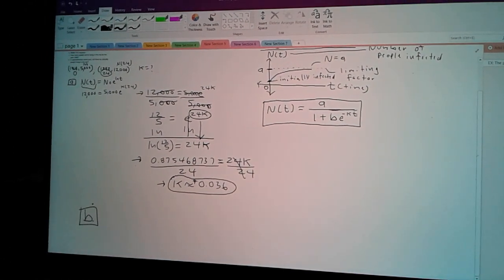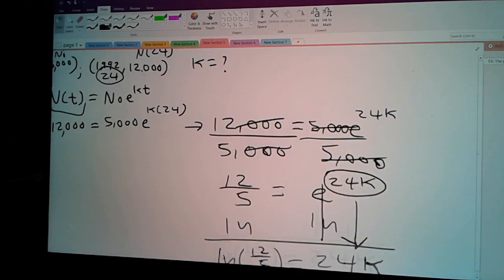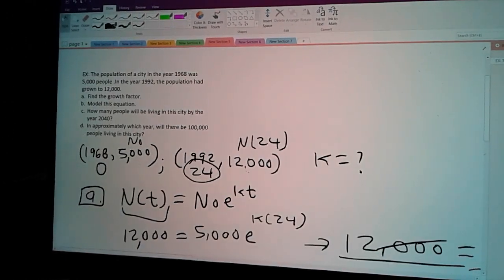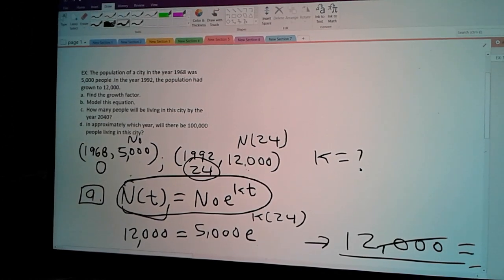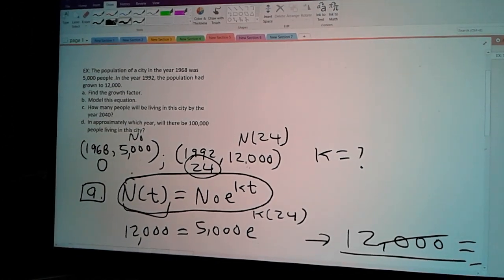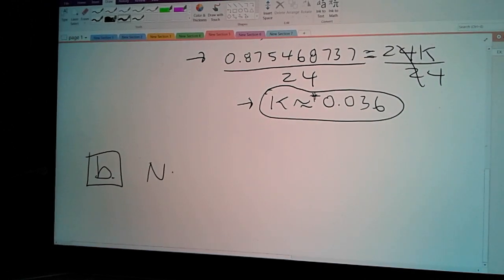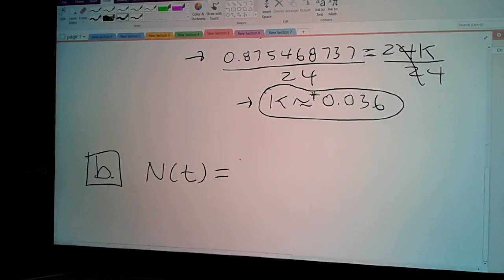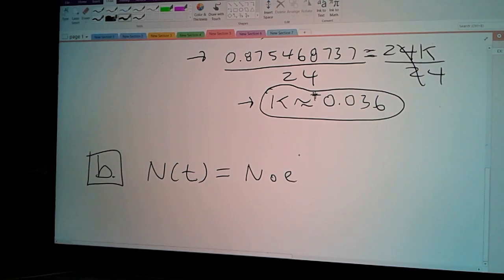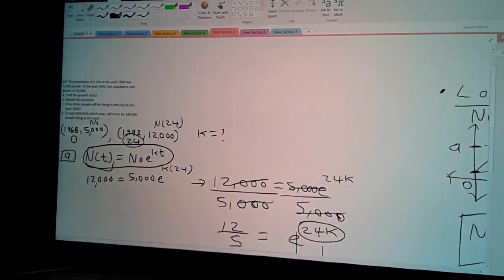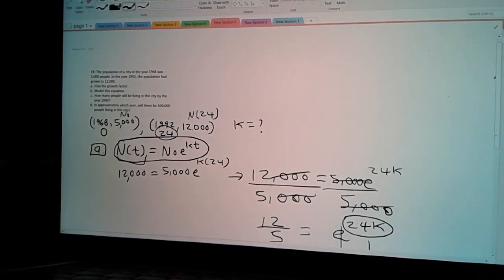Part B. So what if I tell you to model this? So you're going to model this equation using the model, right? This equation again that we have. N of t equals N naught e to the kt. But we know the initial amount, right? So N naught was 1968. There were 5,000 people.